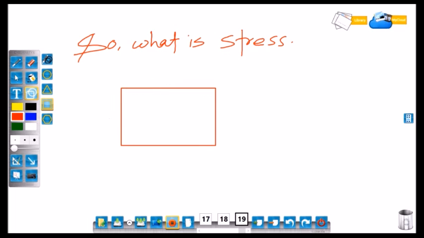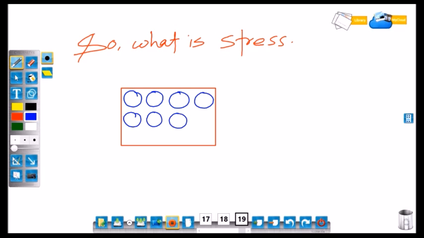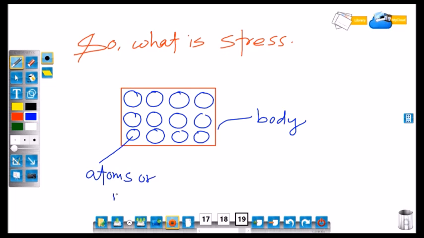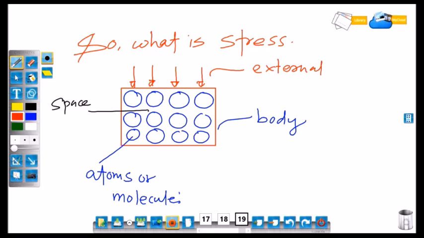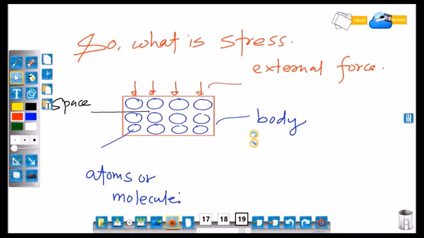Consider a body, and it is made up of atoms or molecules. These are atoms and this is intermolecular space. When we apply force, that is external forces, on the body, what will happen? The body will get compressed.